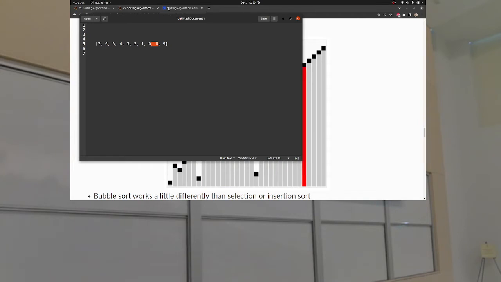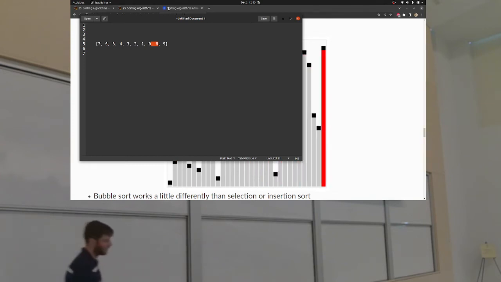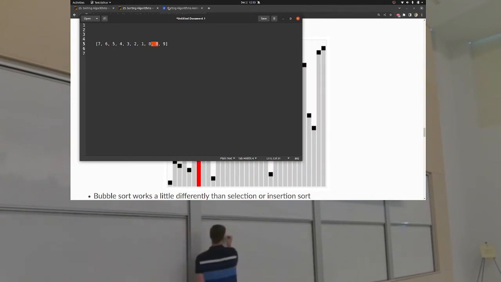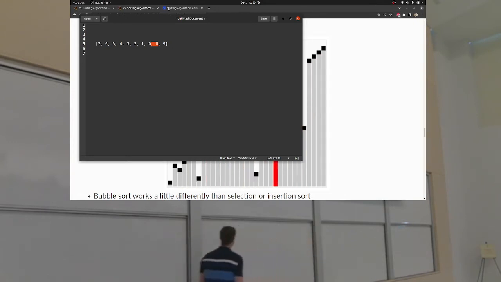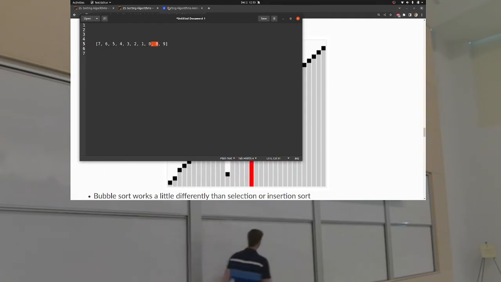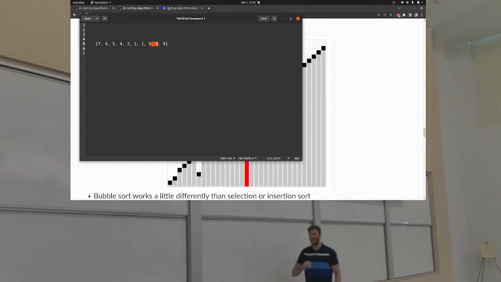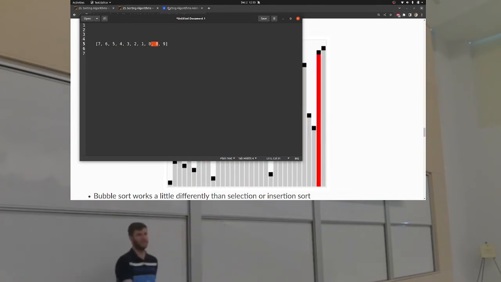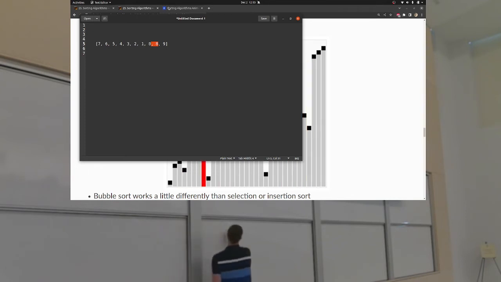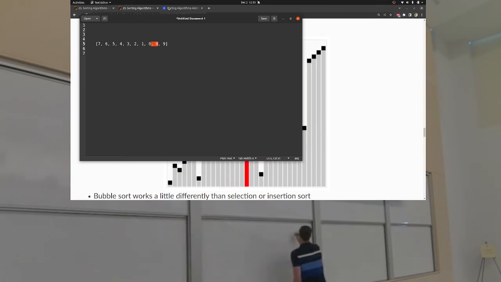Now, let's try to visualize. Let's draw. All right, so this is 0, this is n, 0, n. The first time through the list, I have to do n minus 1 comparisons as you brought up, right? So we go 0 to n minus 1, right?